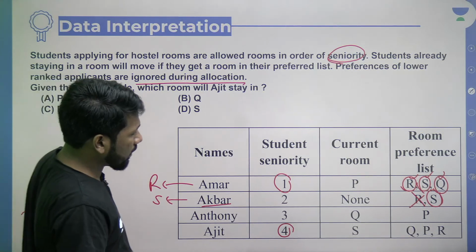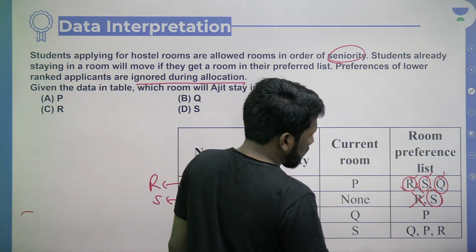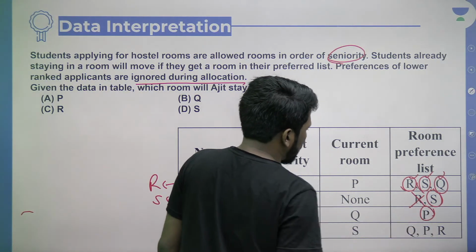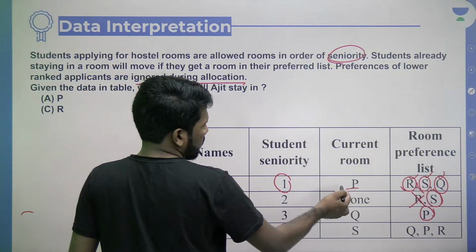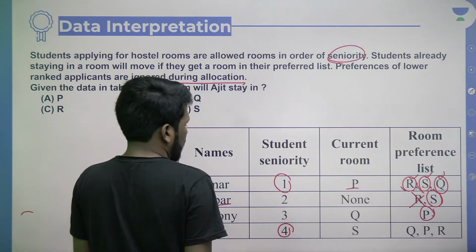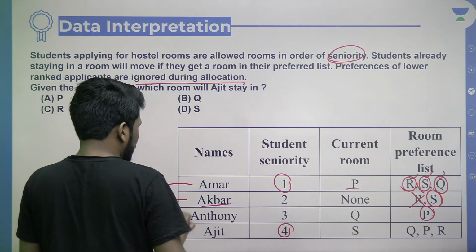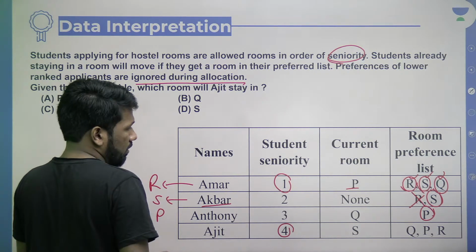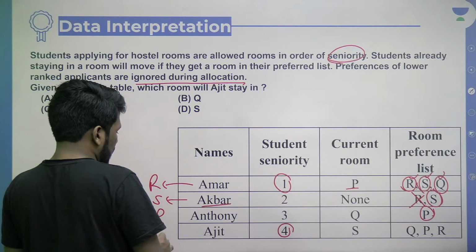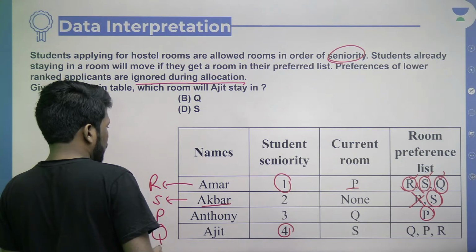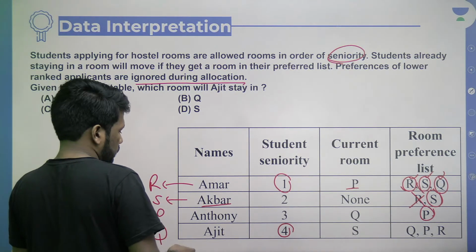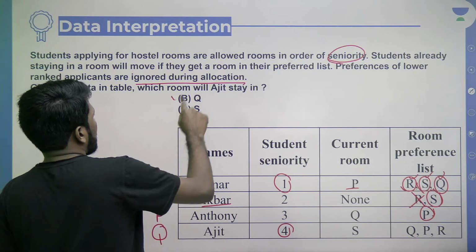Now Anthony is actually preferring P. P is not taken by anyone. Amar was using P, but as Amar already shifted to R, Anthony can be given P. So with R and P done, Ajit should get the remaining room, that is Q room. So Q will be the correct answer.